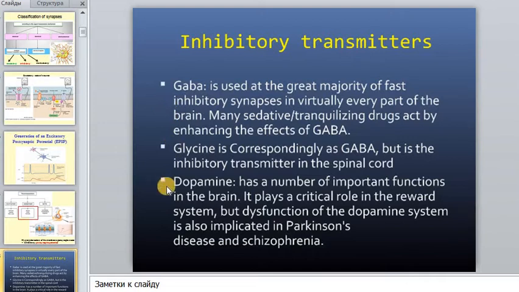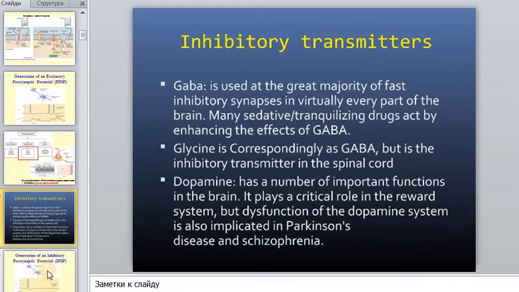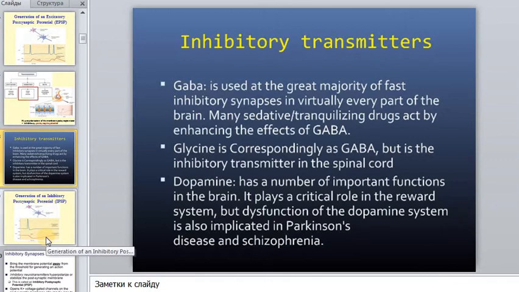Glycine and dopamine have a number of important functions in the brain. Dopamine plays a critical role in the reward system, but dysfunction of the dopamine system is also implicated in diseases, such as Parkinson's disease.